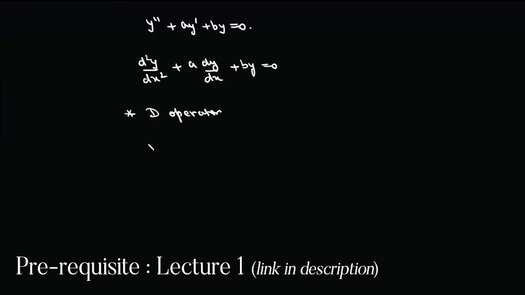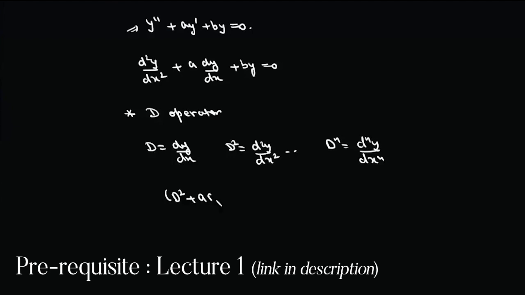So basically in this, what we do is we write D as dy by dx, D square as d2y upon dx square, and Dn as dny upon dx to the power n. So we can write this equation in terms of this operator D as (D square plus aD plus b) into y equals to 0.